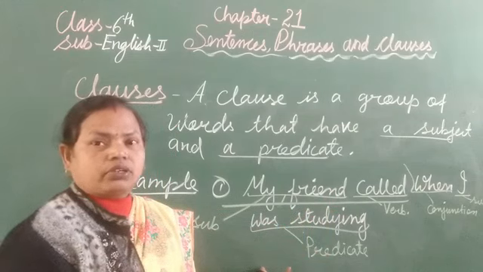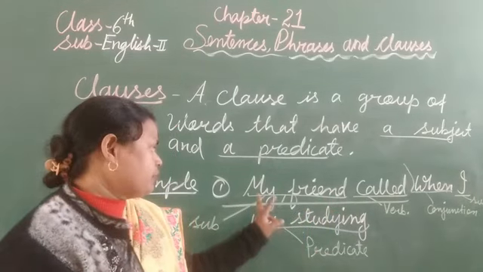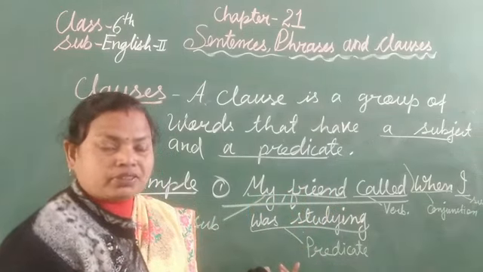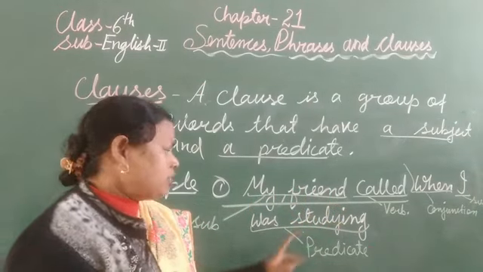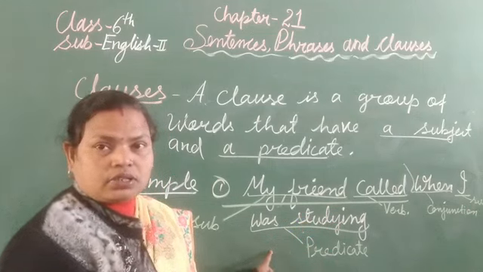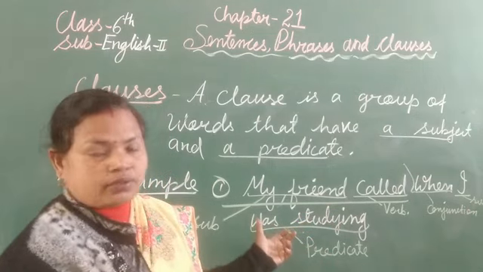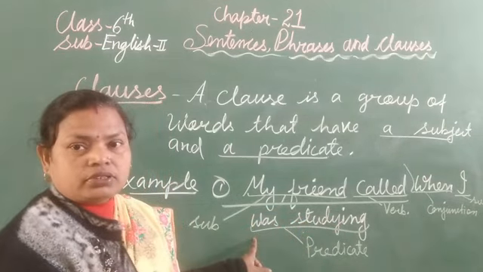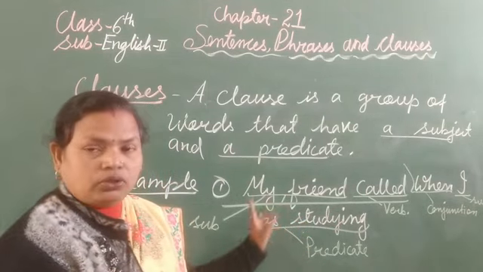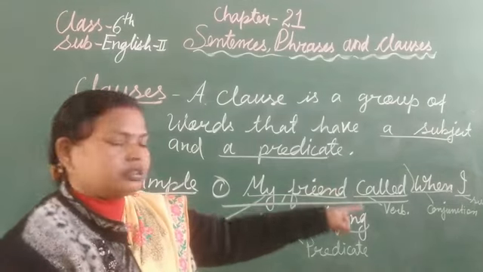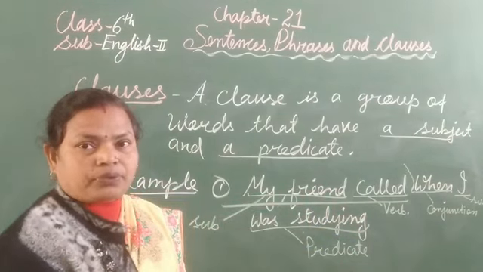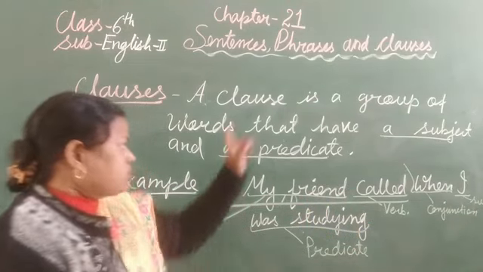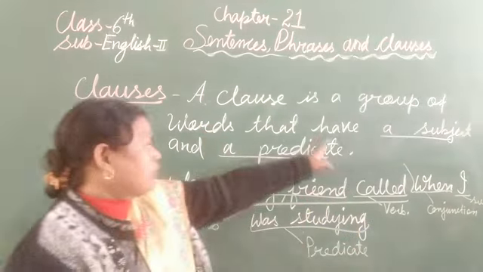So in this way the sentence has two clauses. First, my friend called, it is giving complete sense. I was studying is also a complete sentence. So two clauses combined together frame a long sentence, and they are connected with a conjunction, that is when.